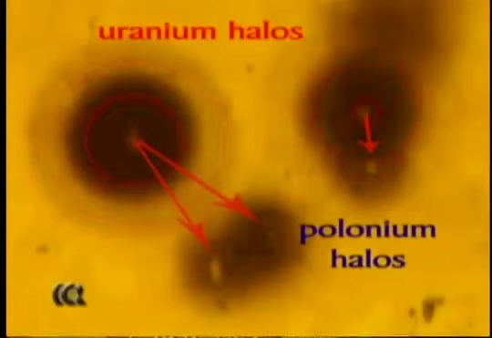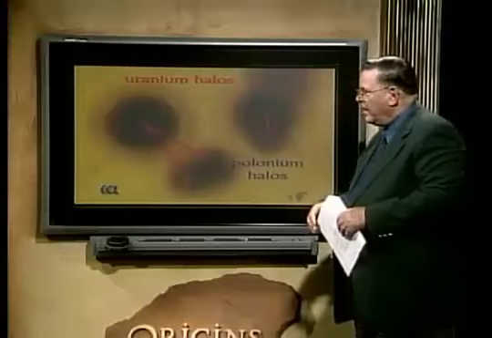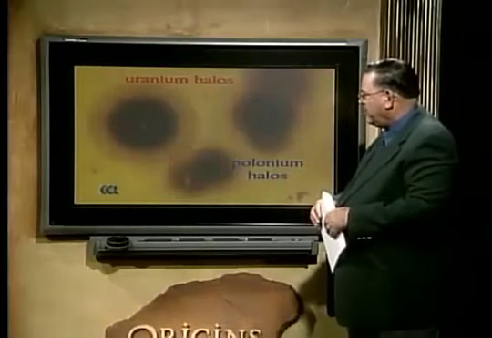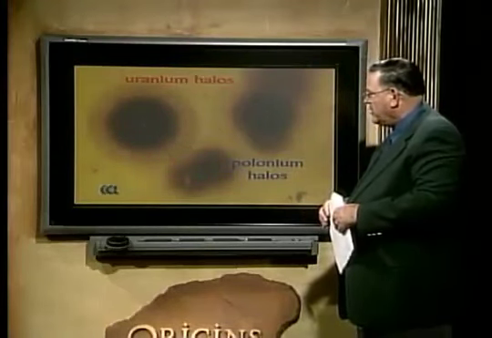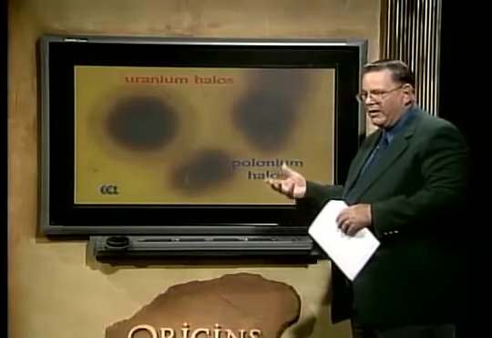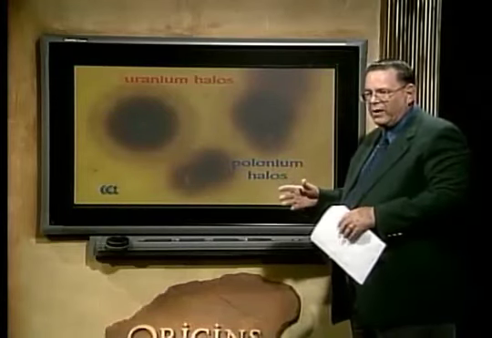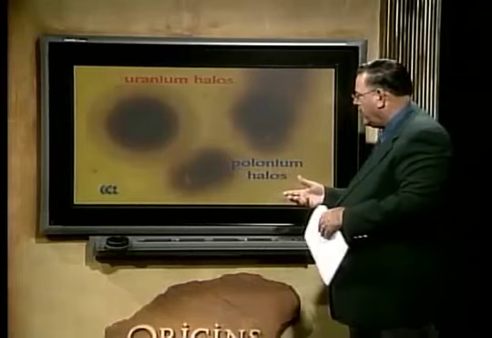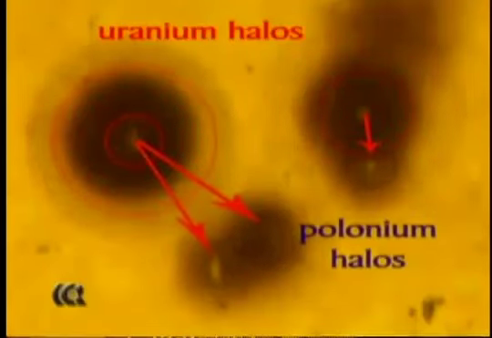That's right. Well, now here's what a polonium halo looks like, or a halo. And these are a little difficult to visualize here, but each one of these are halos, and some of them can be produced by uranium and thorium and polonium or any radioactive material that would be in the rock. These particular ones are polonium halos.